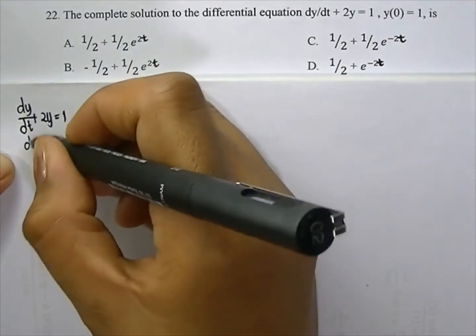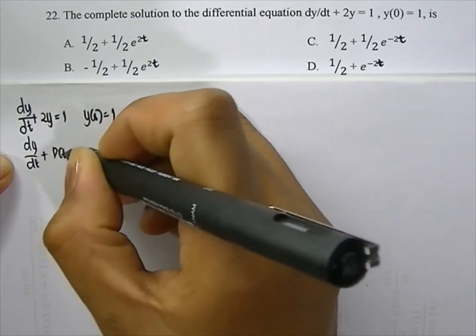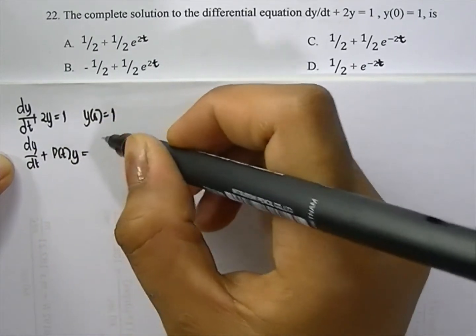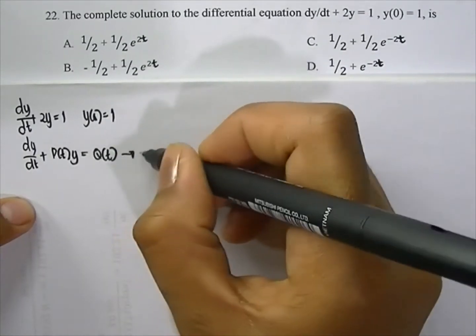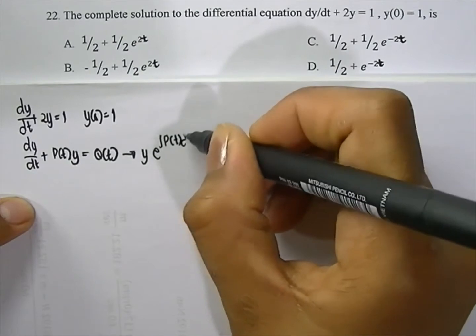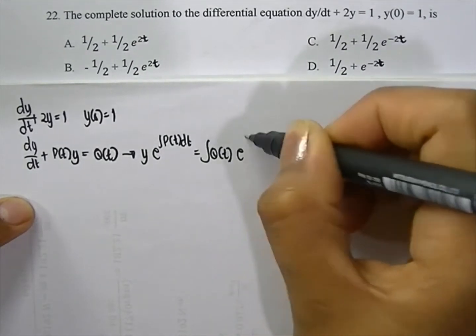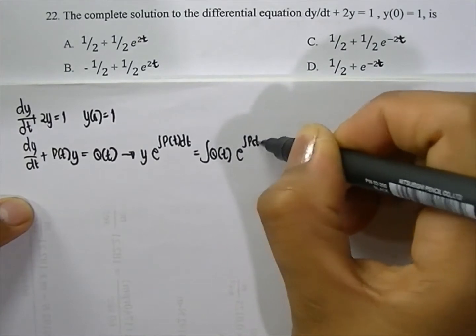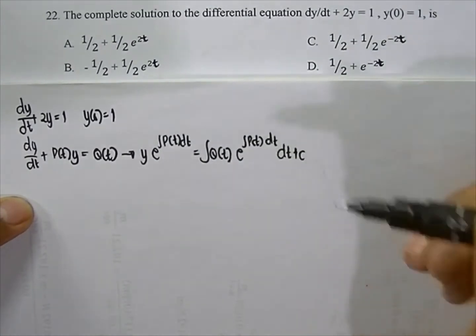So from dy over dt plus p of t y equals q of t, we have y times e raised to the integral of p of t dt equals the integral of q of t times e raised to the integral of p of t dt, dt, plus c.